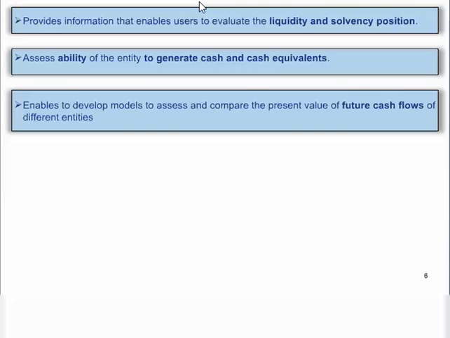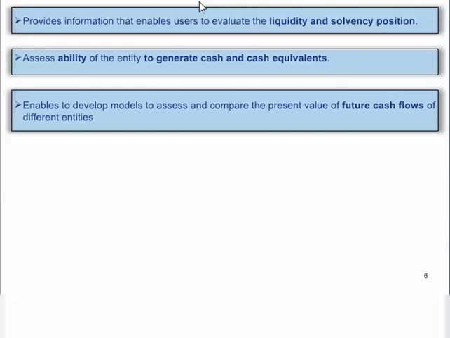So management today are able to prepare such models. If you have heard about discounted cash flow techniques, they are able to prepare such models on the basis of the cash flow statement of the entity.